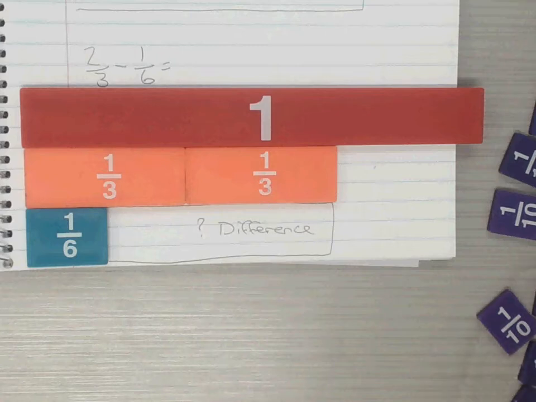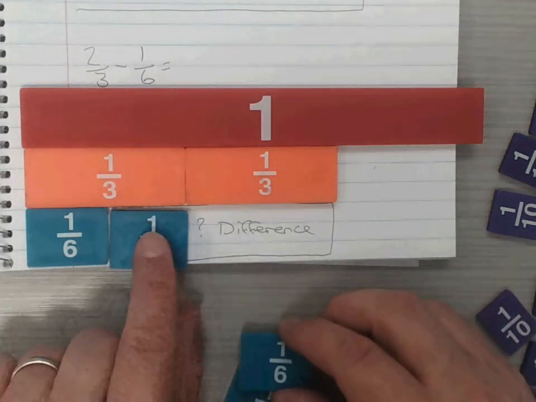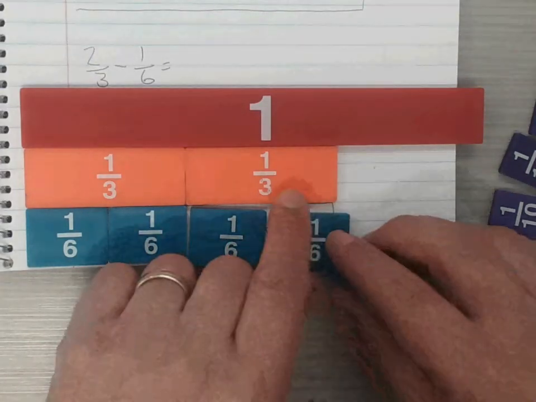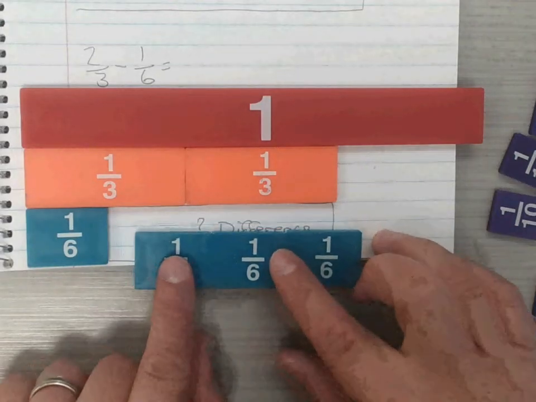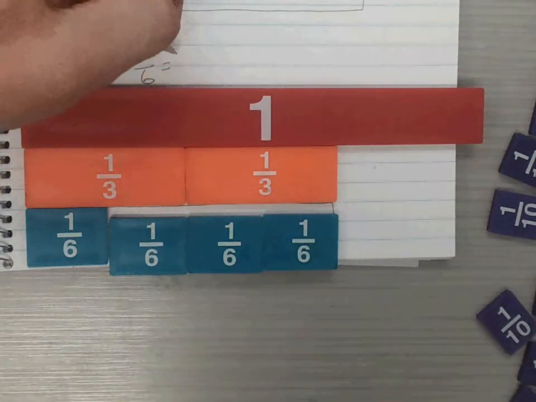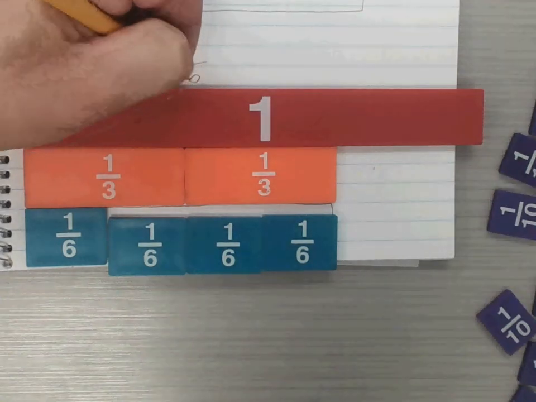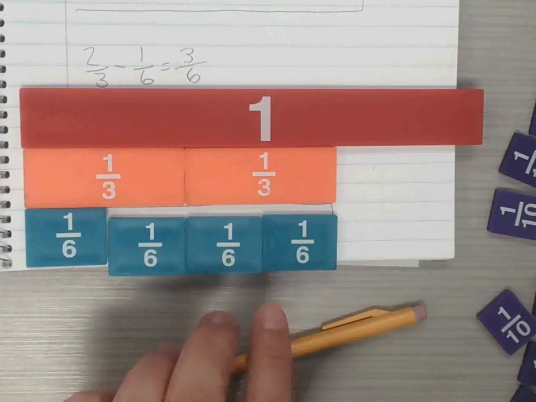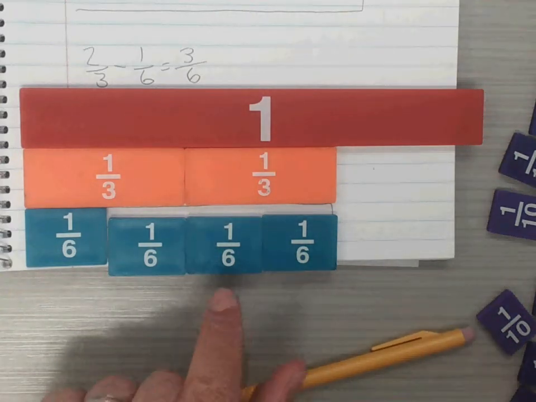Okay? So we're going to see what's going to fit in there, and I have a feeling it might be 6ths again, because 2/6 equals 1/3. And 2 more 6ths equals 1/3. Well, how many 6ths fit in my box? It looks like it's going to be 3/6. So 2/3 minus 1/6 is 3/6. But you know what? I can simplify it a little bit more. What is another fraction that equals 3/6?